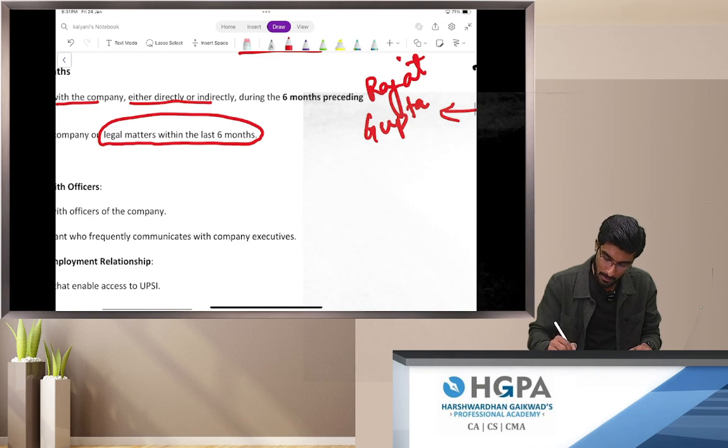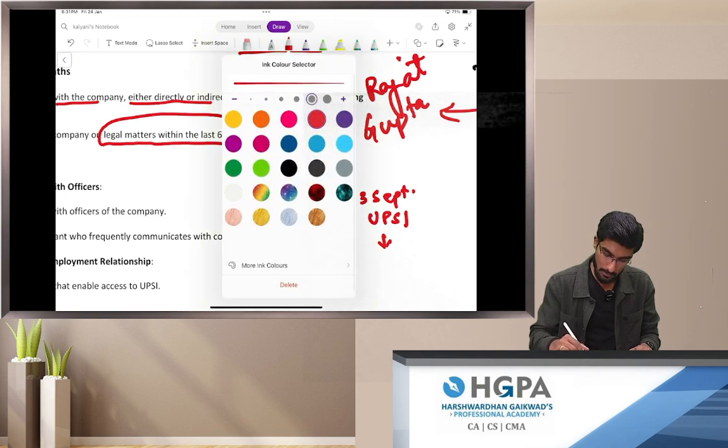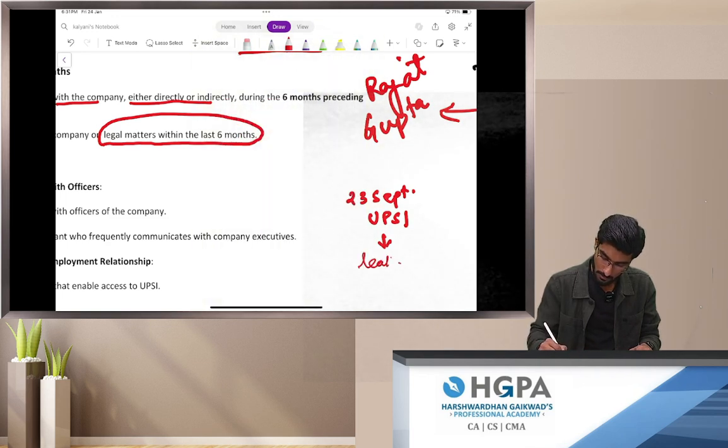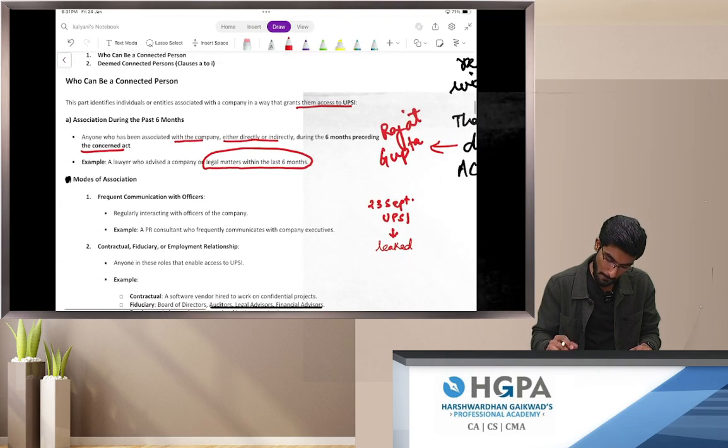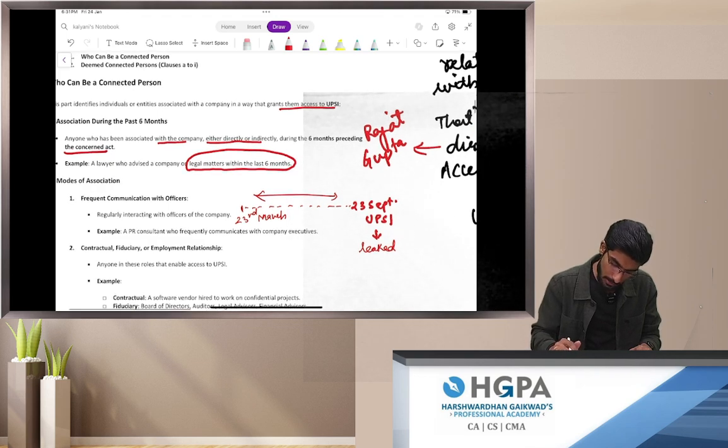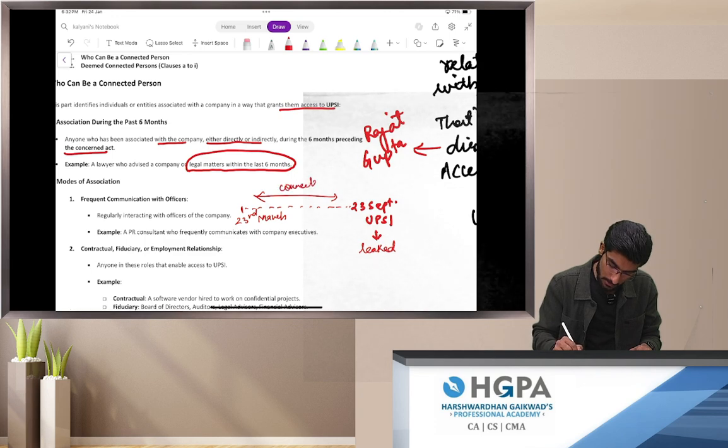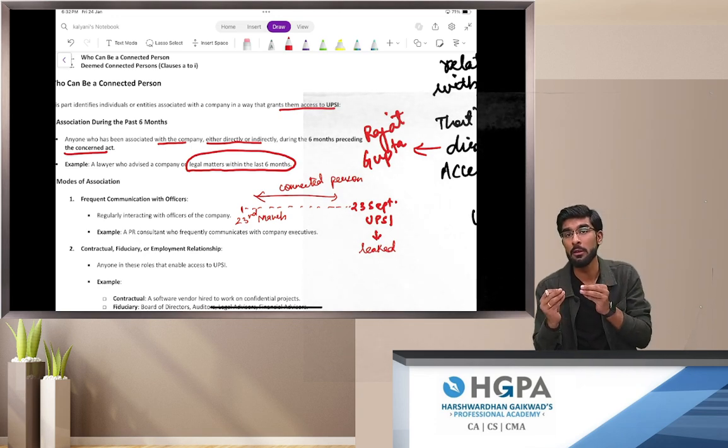For example, people, if on 23rd September UPSI was leaked, anyone who was connected with the company since 23rd March will be called a connected person. He can be directly or indirectly related to the company.